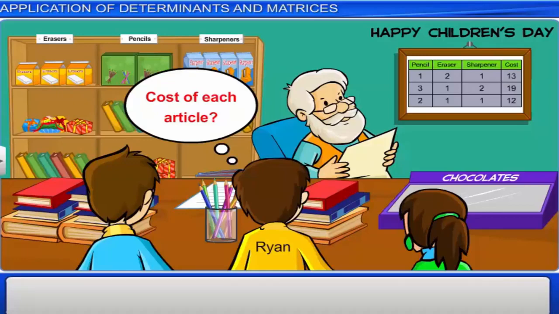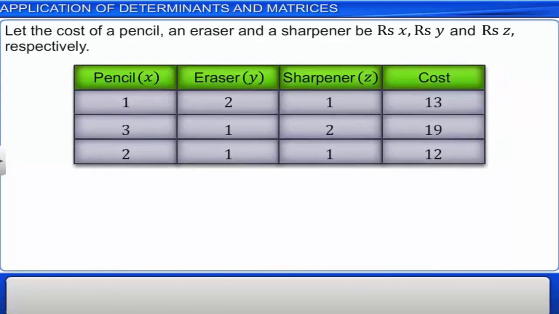Let the cost of a pencil, an eraser and a sharpener be X rupees, Y rupees and Z rupees respectively. Then, from the given data, the set of equations in 3 variables shown here can be obtained.